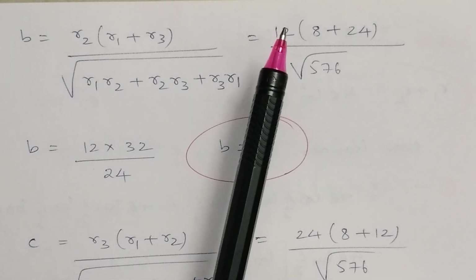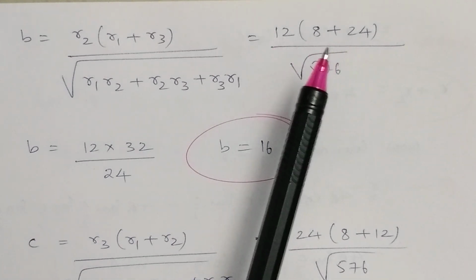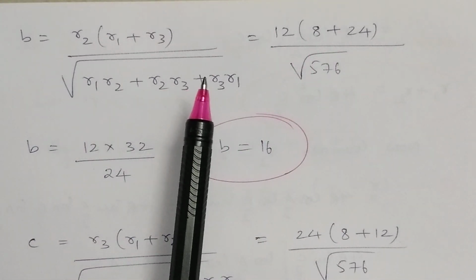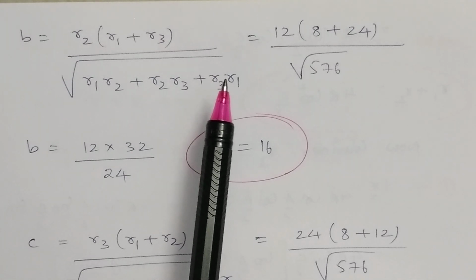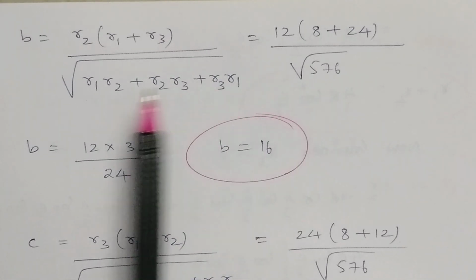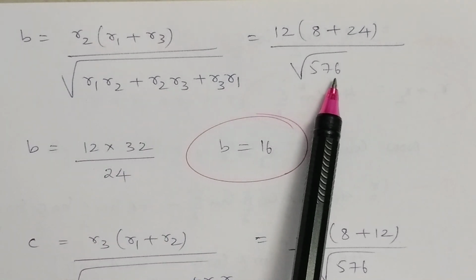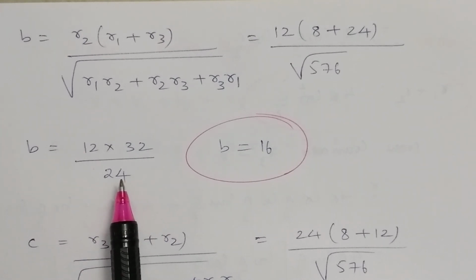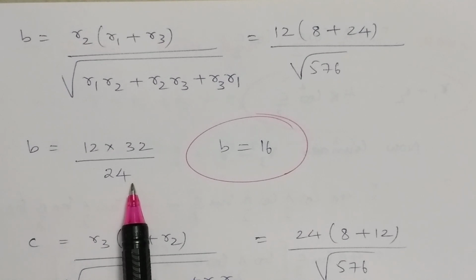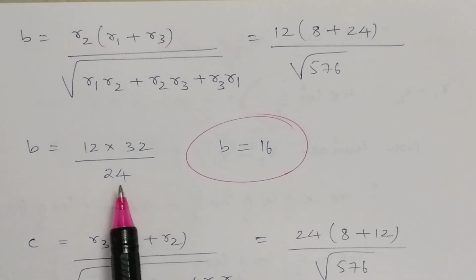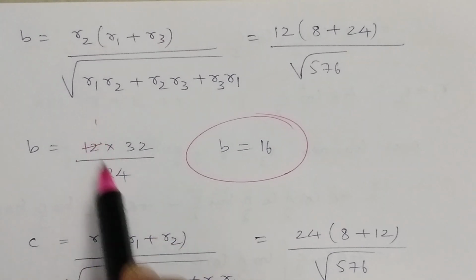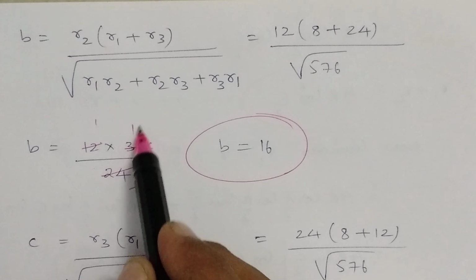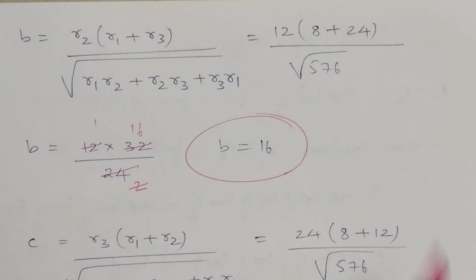R2 is 12 into (R1 plus R3) 8 plus 24, by the denominator, which is the same as for A. All this inside calculation is 576, and root 576 is 24, as we found just above for A. So 12 times 1, 12 times 2, 2 times 16.